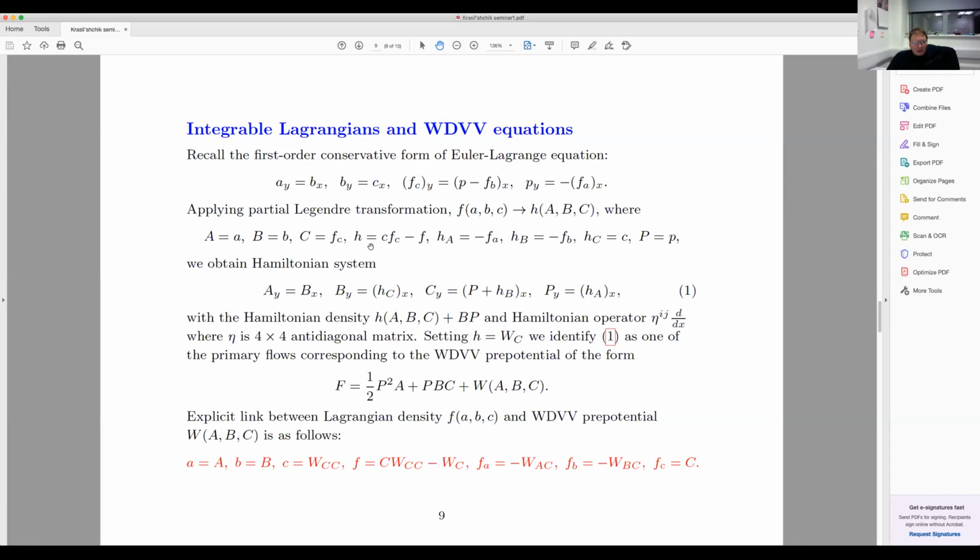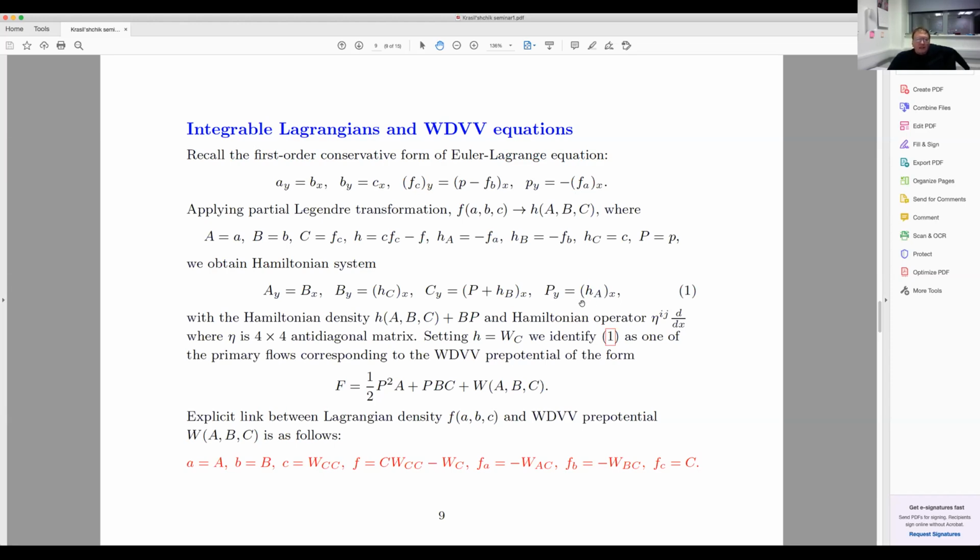In fact, it's a Legendre transform in the C variable. You see, A and B variables stay the same, but the C variable transforms as in the partial Legendre transform. If you apply this transform, then this system takes this form, which I call number one. It's an equivalent system.